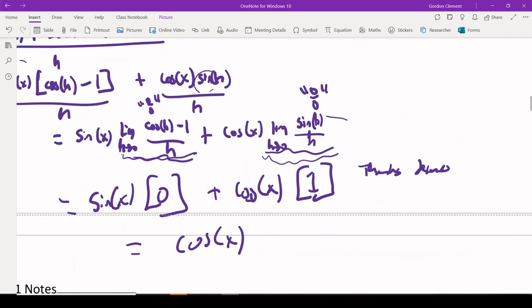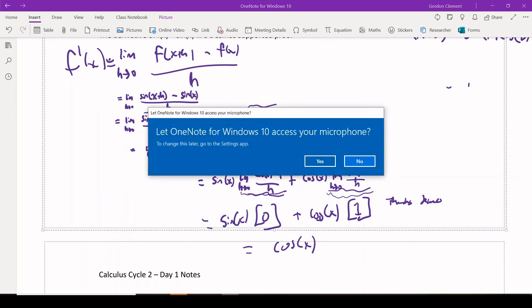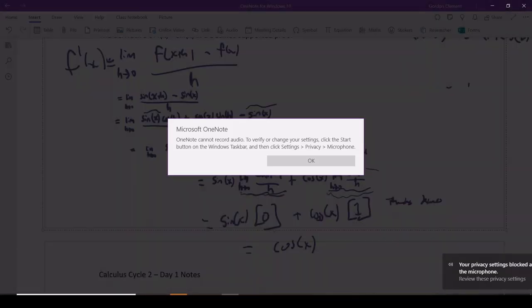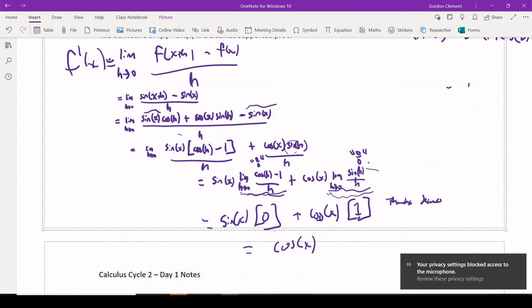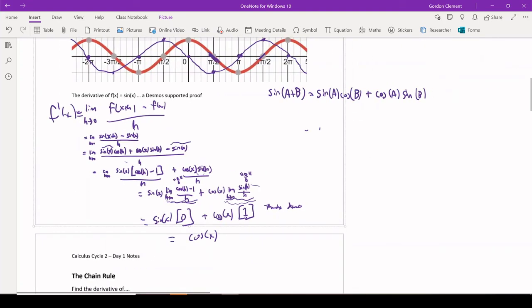So this is why radians are so important: the derivative of sine is cos only if x is in radians. That's really important, it only works if x is in radians. So these two derivative formulas only work in radians. That's why mathematicians work in radians.